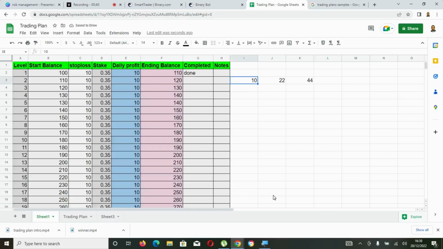So if it loses the first one, the second one, the third one, then after 44, it will buy 88. Then if your account is 100 and it loses 4 times, then you don't have anything. That money is gone, and it has gone to someone else's pocket. You cannot get it. Okay?